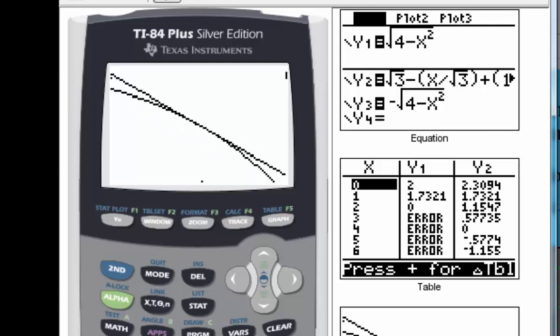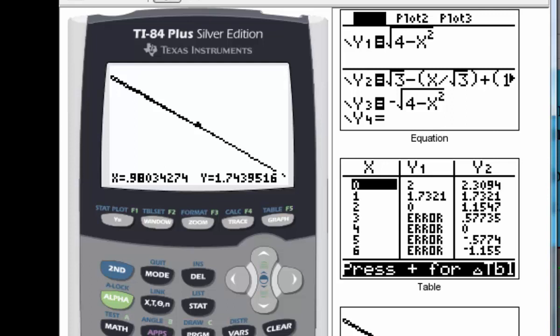Let's zoom in again. So it's harder and harder to distinguish the line and the circle. Let's zoom in again. You can see it almost appears that the line and the circle are the same.